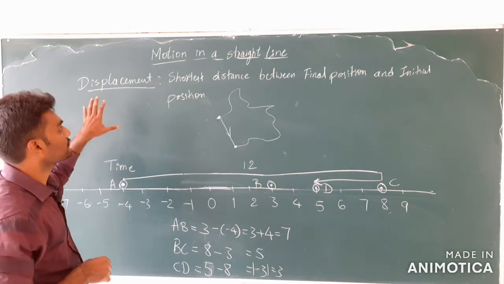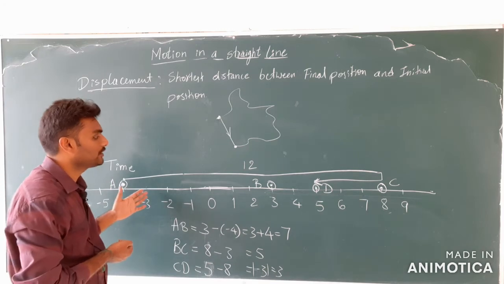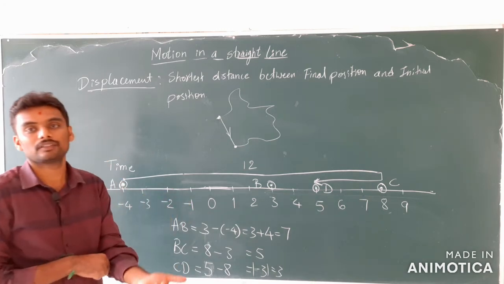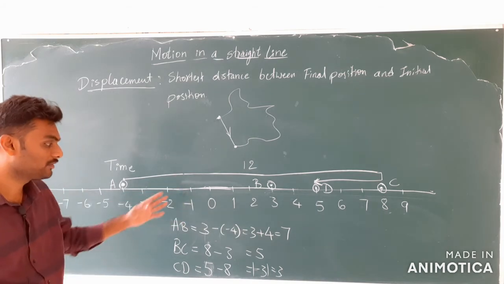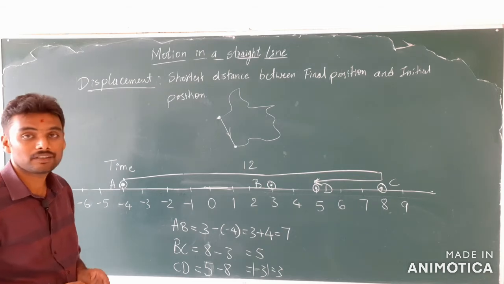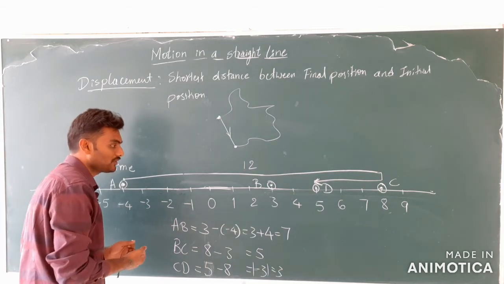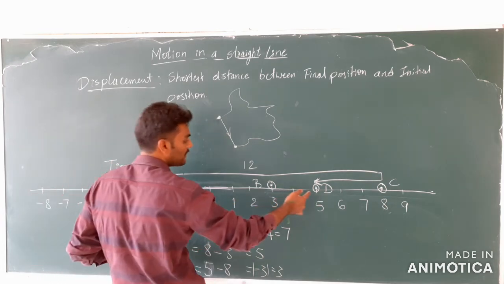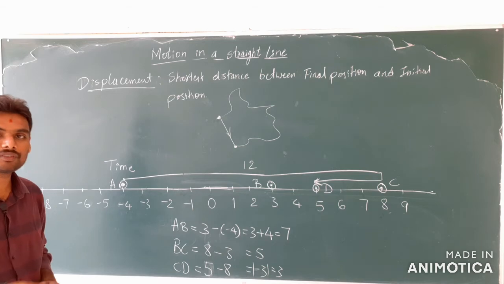Now you tell me, what is the displacement for this motion? Displacement for this motion is, you always look for the final position. What is the final position? Final position of the body is D, and initial position. What is the initial position?